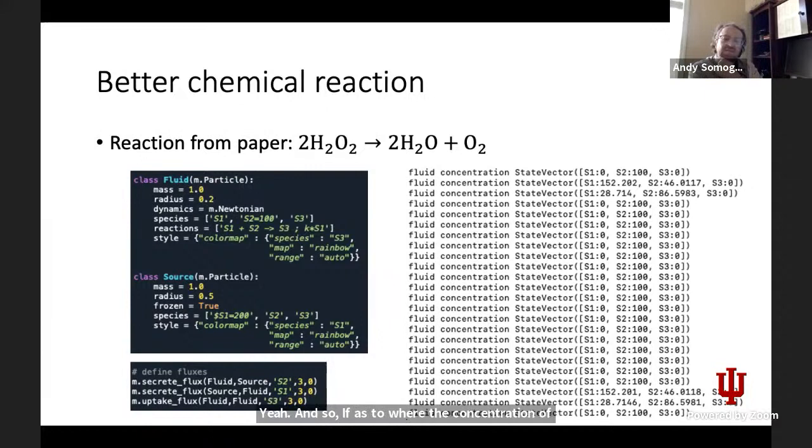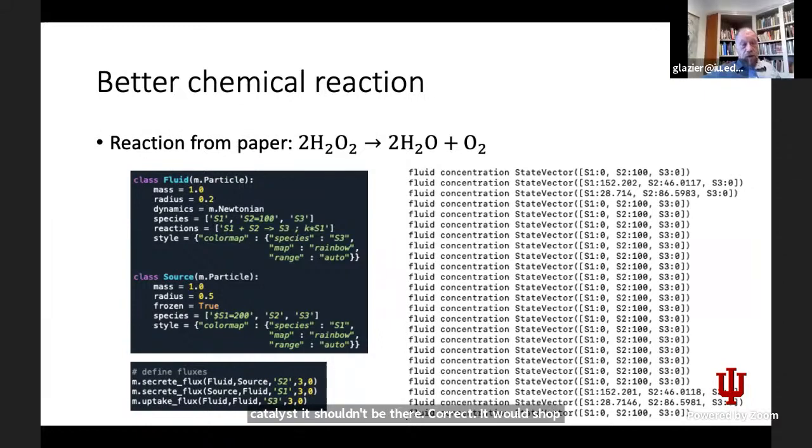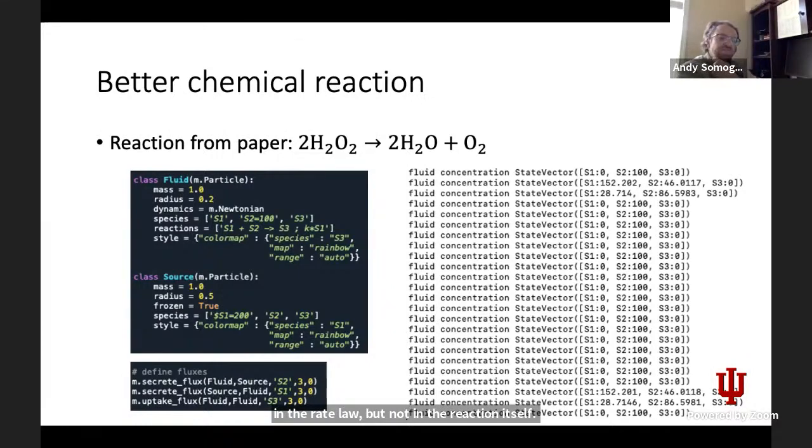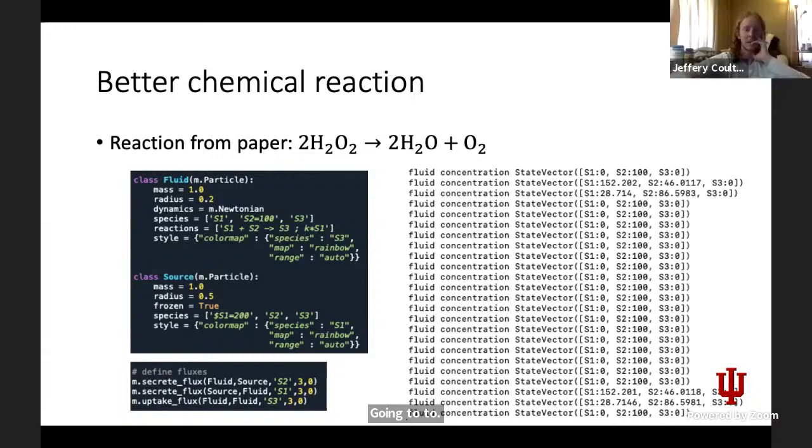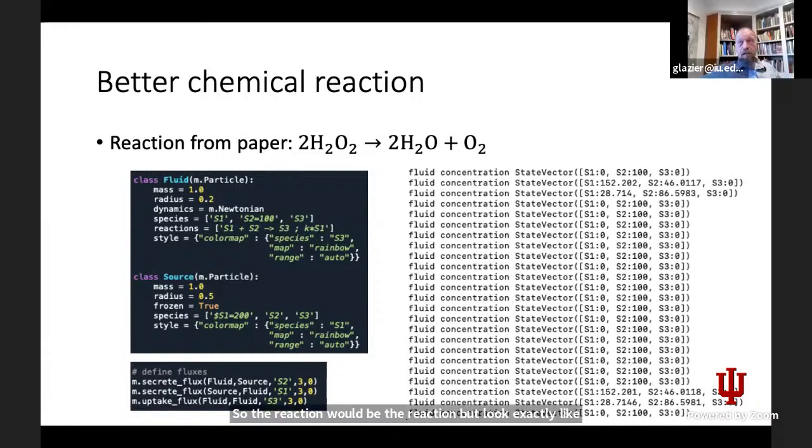It would show up in the rate law, but not in the reaction itself. And then you would have two S1. If S1 is hydrogen peroxide, you'd have two S1 on the left going to two S2, which is H2O, plus S3, which is O2. And so the reaction would look exactly like what you have where you say reaction from paper.